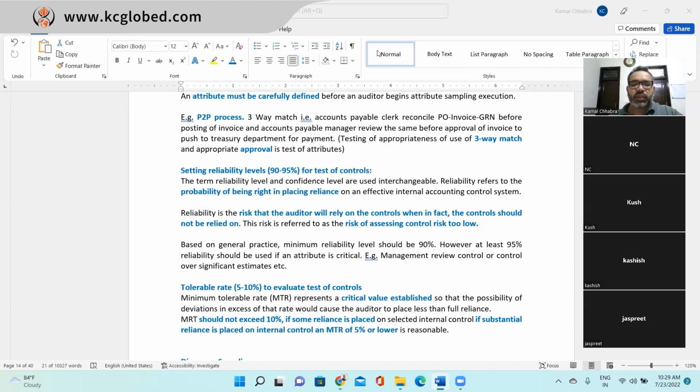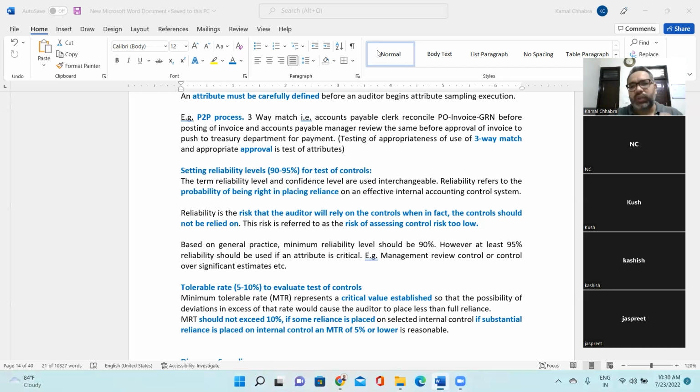Second, based on general practice, the minimum reliability level should be 90%. However, at least 95% reliability should be used if the attribute is critical. If you are testing critical items, like where you have a fraud risk, or a significant risk, or management overriding of controls, or controls over significant estimates, in that scenario you are not supposed to rely more than 95%, because there are chances of misstatement.